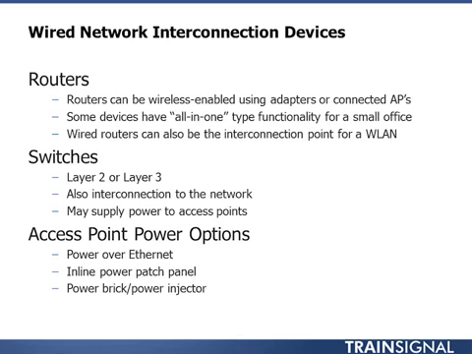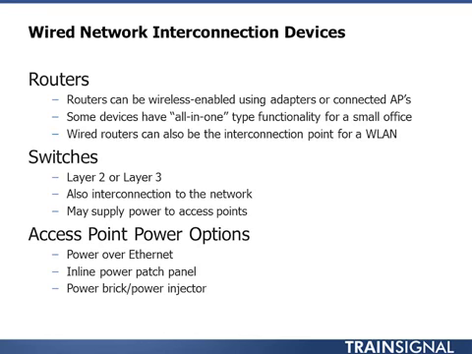If the distance is over 100 meters, then you'll need to use a power injector in order to go the greater distance. So you'll need to add a power injector onto that Ethernet cable. So if you're going to use power over Ethernet from your switch, then you need to make sure your switch supports power over Ethernet. If it doesn't, then you might have to look at replacing switches as part of your wireless LAN deployment.